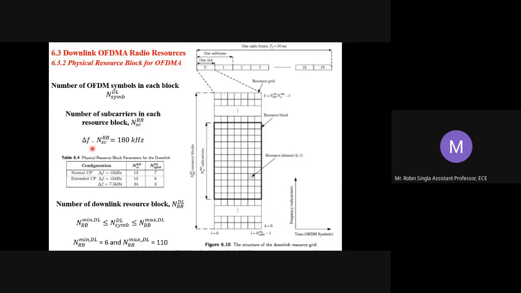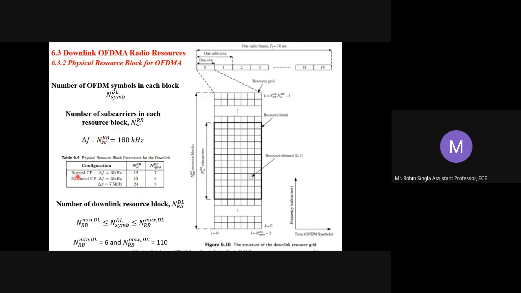NRBSC. And how do we calculate it? That depends on delta F. Delta F times the number of subcarriers should be equal to 180 kilohertz. Now, if delta F is equal to 15, we get NRBSC, the number of subcarriers in a resource block, as 12. If delta F is 7.5, we get 24.